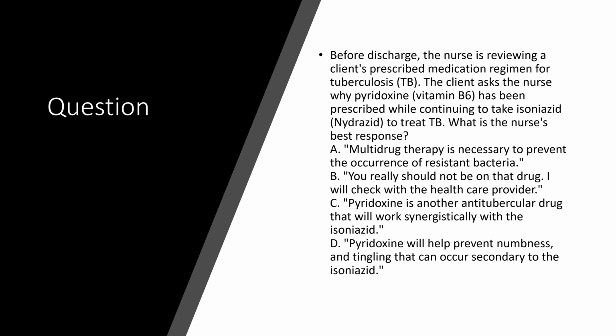A, multi-drug therapy is necessary to prevent the occurrence of resistant bacteria. B, you really should not be on that drug. I will check with your healthcare provider. C, pyridoxine is another anti-tubercular drug that will work synergistically with isoniazid. Or D, pyridoxine will help prevent numbness and tingling that occurs secondary to the isoniazid.